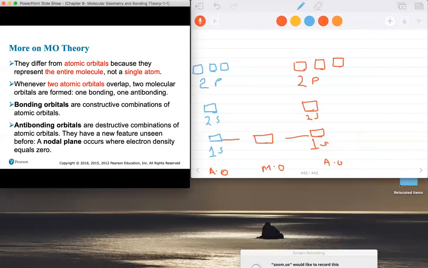This will also form another molecular orbital. But the 3 here will follow from here.